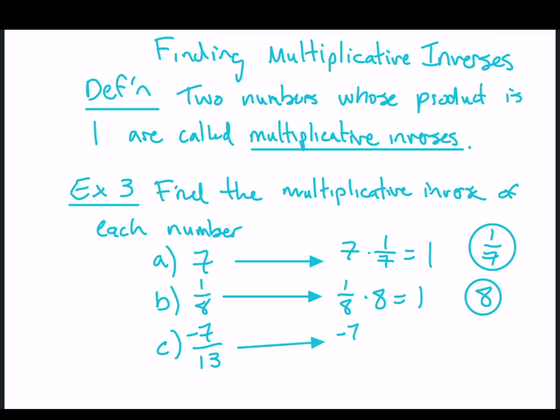Negative 7 over 13 times what gives us 1? You flip it, and so negative 13 over 7 is what gives us 1. So negative 13 over 7 is our multiplicative inverse.